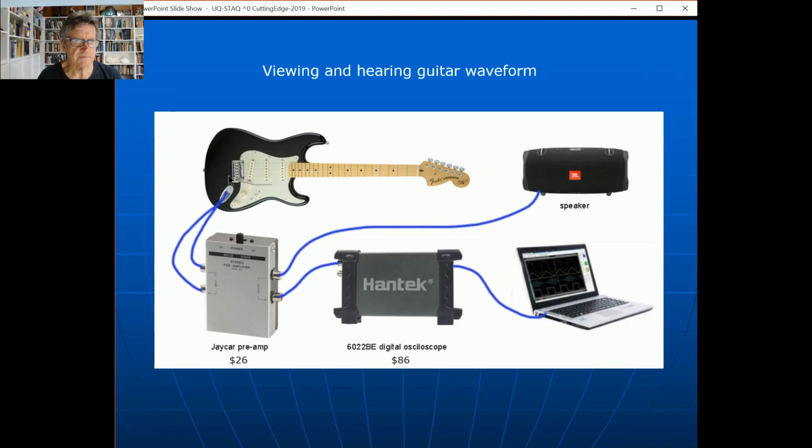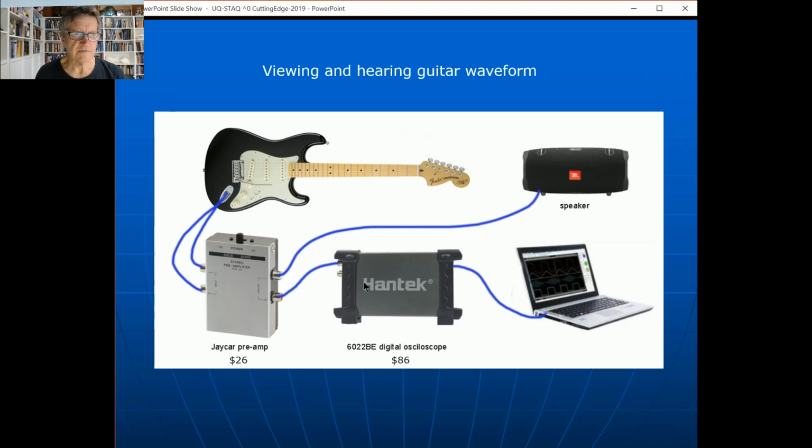I've got a plug split in two and put it into one of these little J-car preamps. They're only $26. They're marvellous little things. You've got two outputs. One output I just sent to a little speaker so you could hear it, which I had to carry around. And the other one to a Handtech oscilloscope.